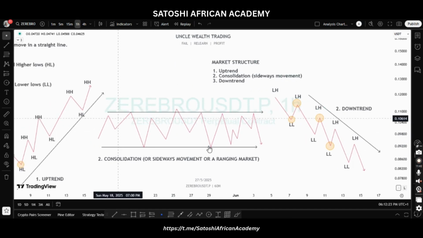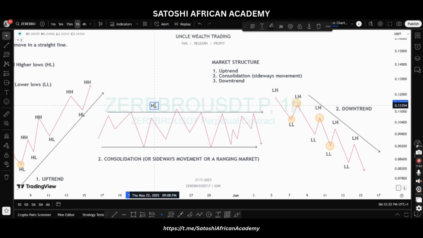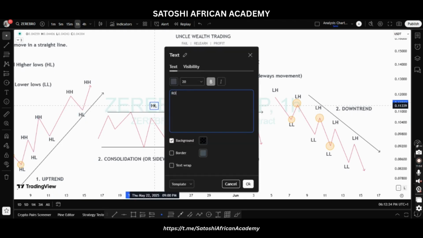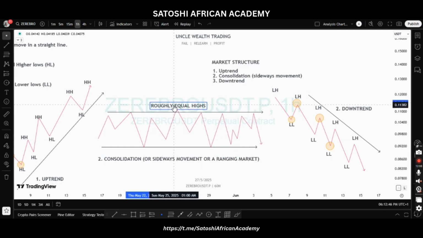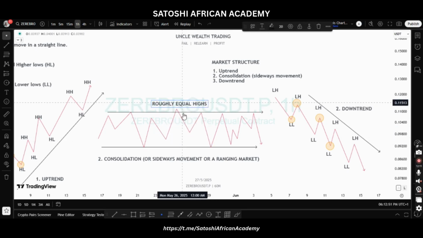What you're seeing here is basically roughly equal highs, roughly equal highs, and then we have roughly equal lows.